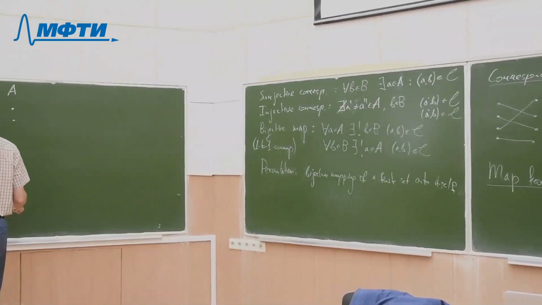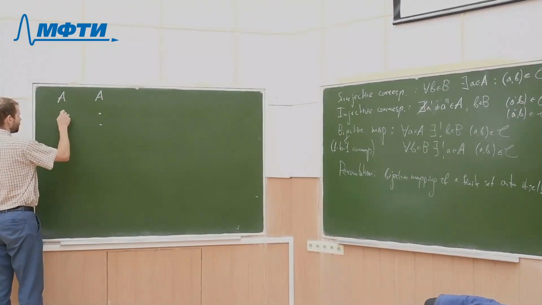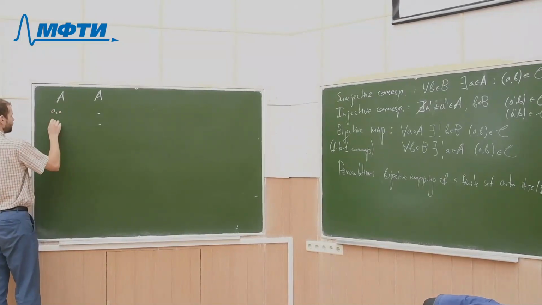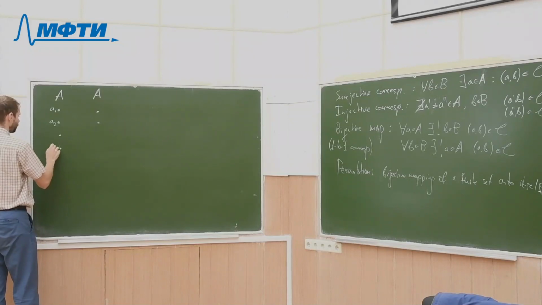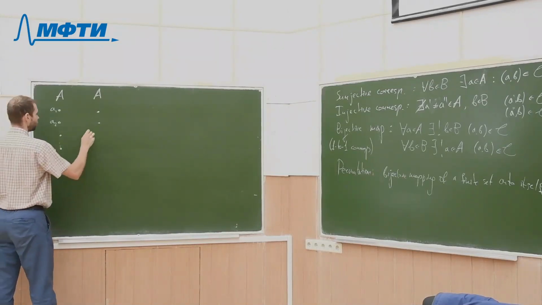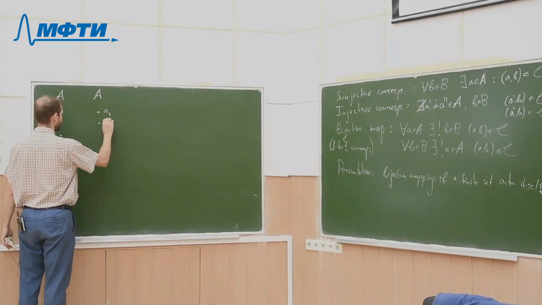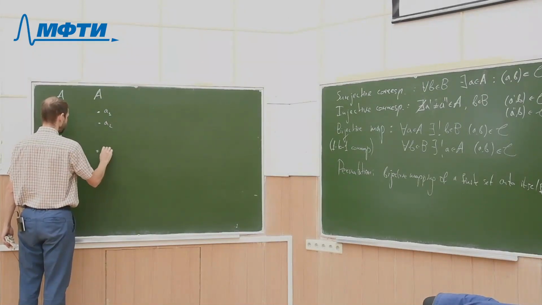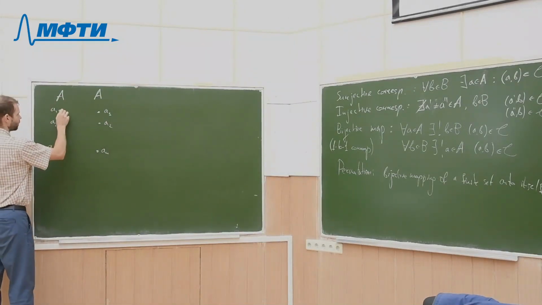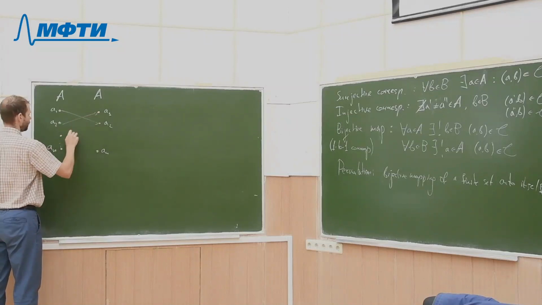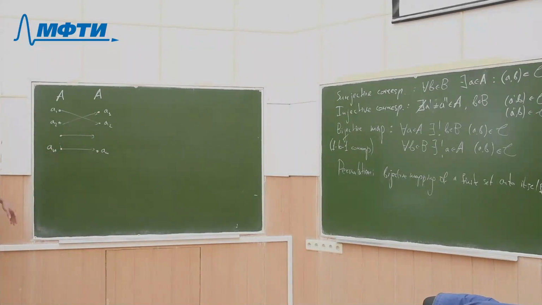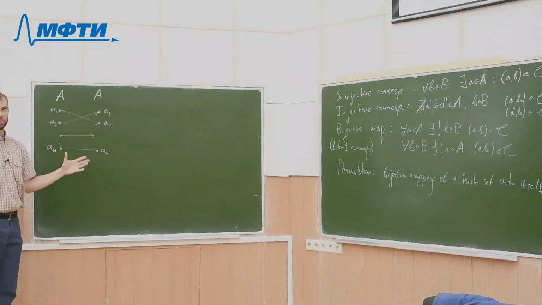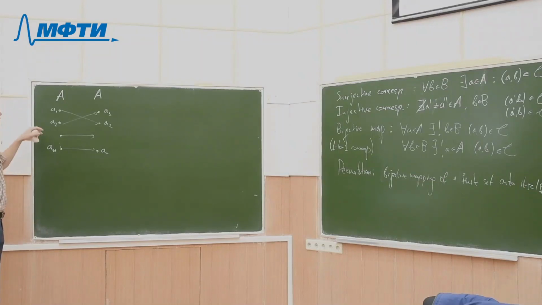So if we name these elements in set A from A1 through AN, and do the same on the right, and take this one-to-one correspondence, a bipartite graph which is actually a matching, then going from left to right essentially permutes our objects.